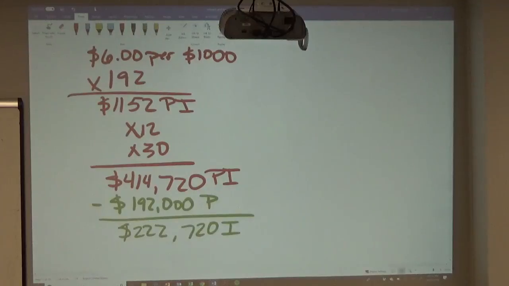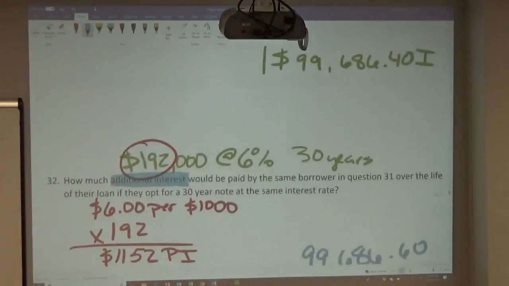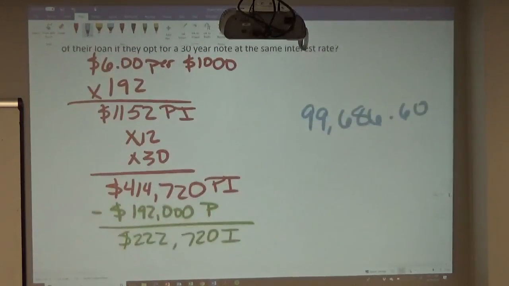Back up and make sure that number is correct. I believe it is. Yeah, 99,686, oh, 686.40.